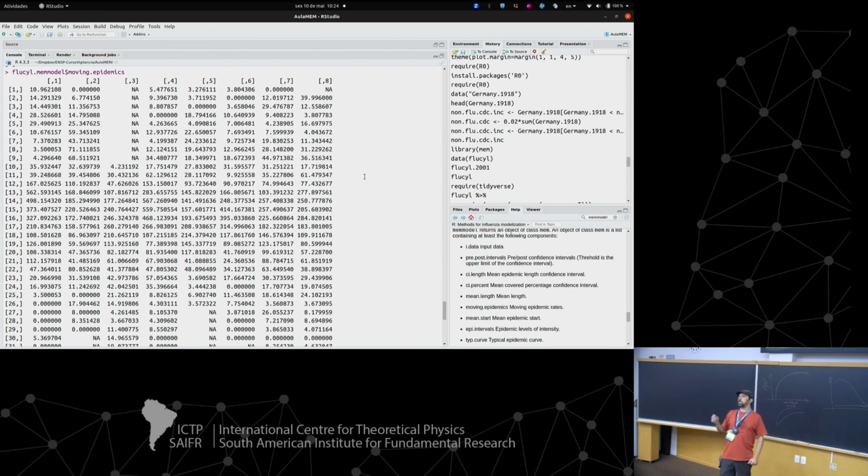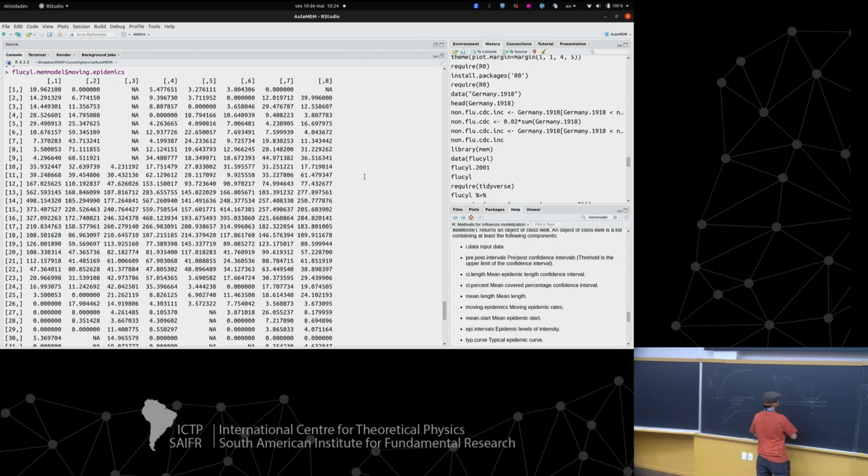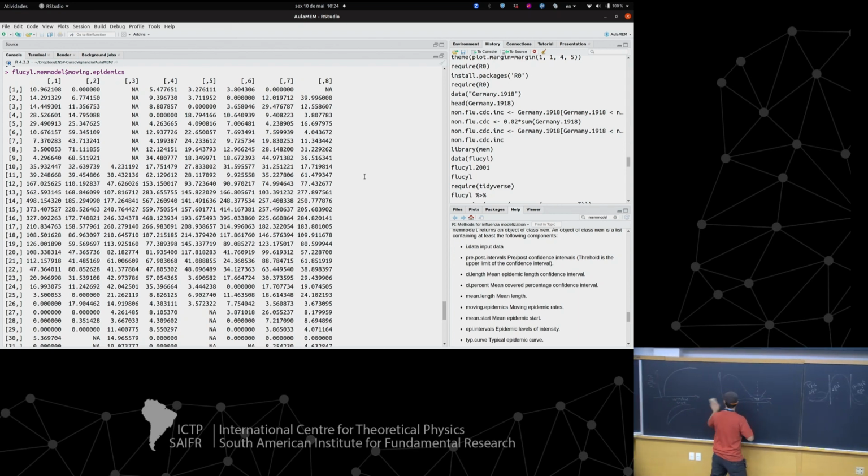Later? If it was, let's see. So let's say that this is a particular season, and for that season the model estimated that this is the starting point for the epidemic phase, and for the whole set of seasons my estimate is over here, okay?